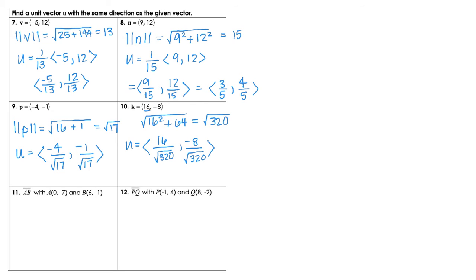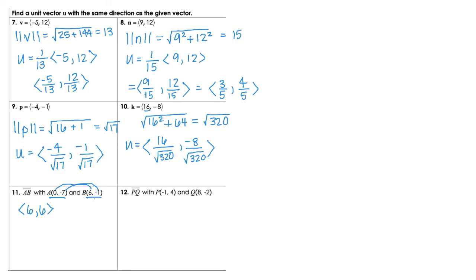Number 11, we're not in component form, so we need to go to component form. So component form, we're going to say 6 minus 0, and then -1 minus -7, so that's a +6.